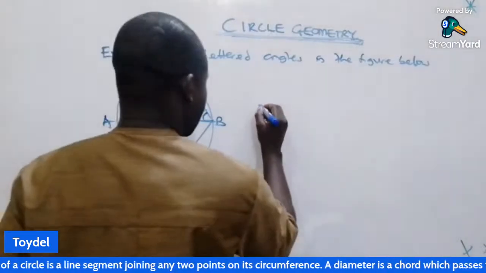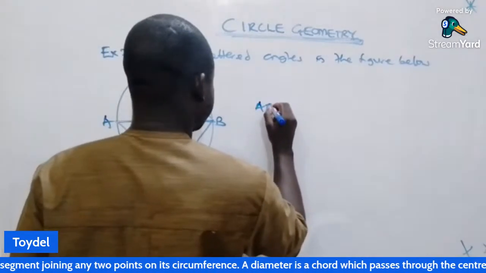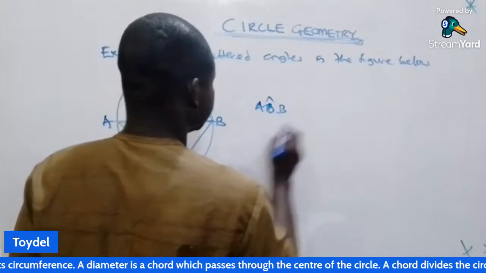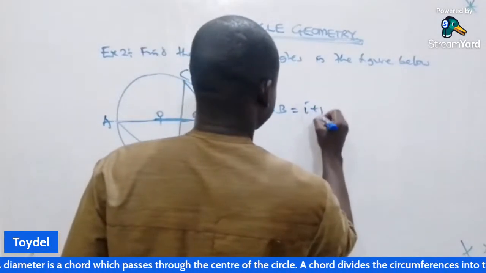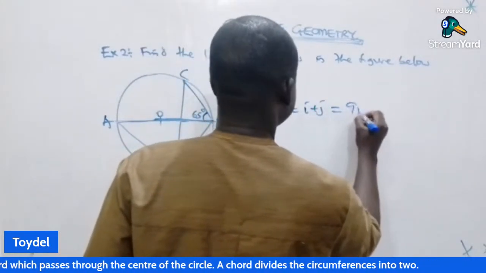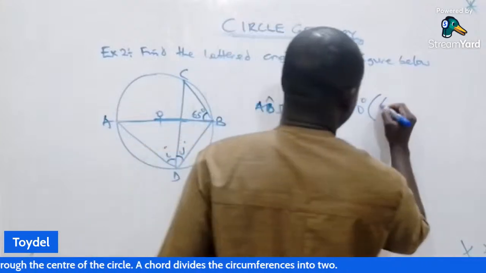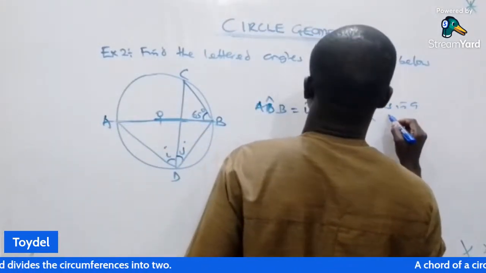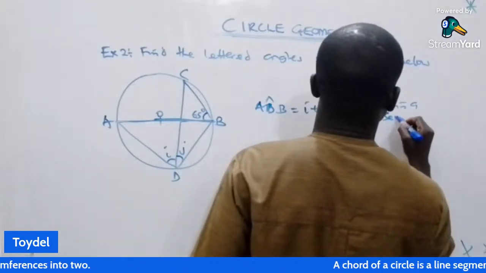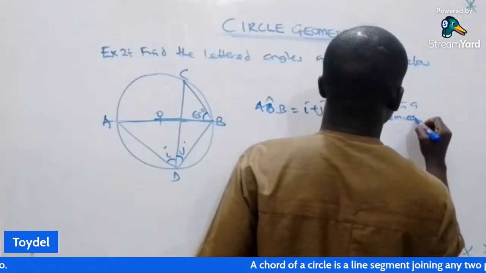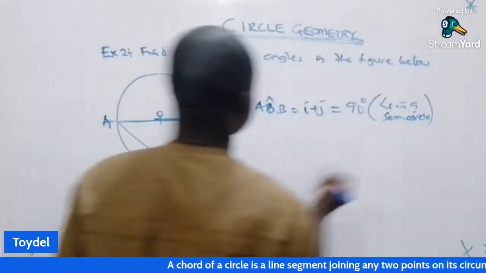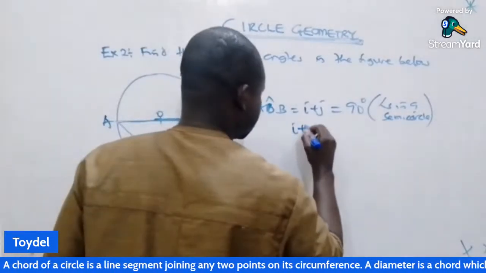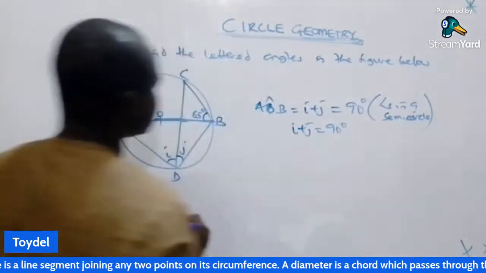Just say ADB, that is this angle I plus J, is equal to 90 degrees. Reason: angles in a semicircle. So the angle in a semicircle is 90 degrees. So we know that I plus J is equal to 90 degrees.